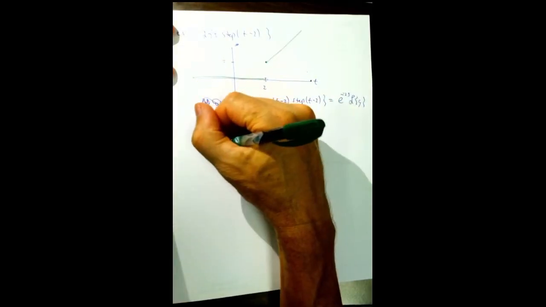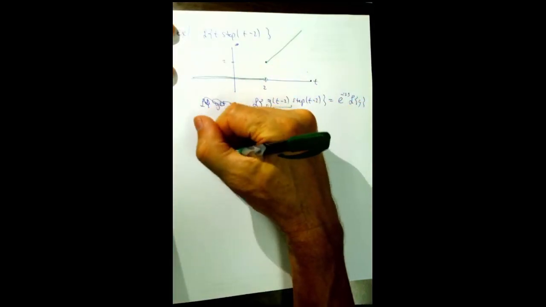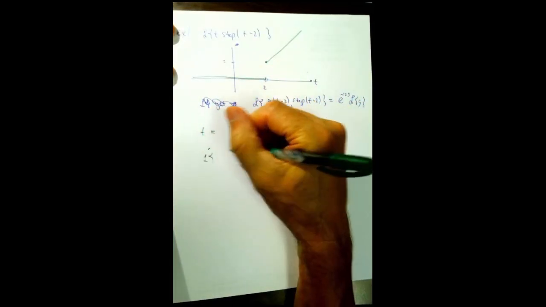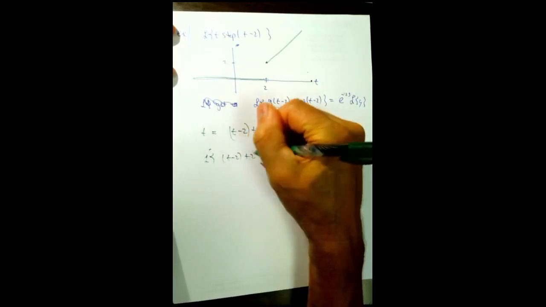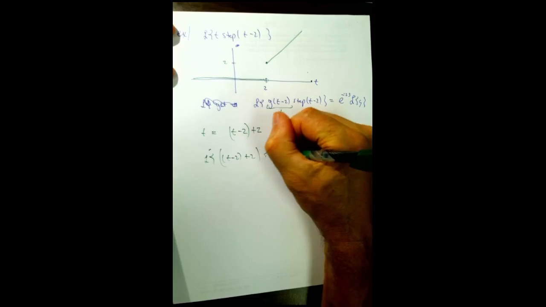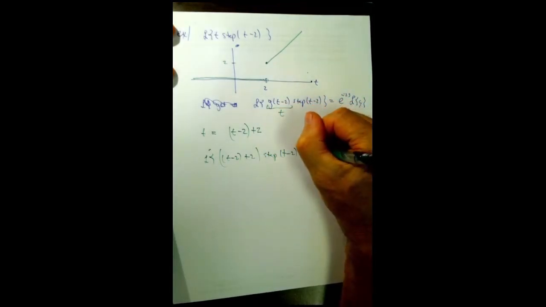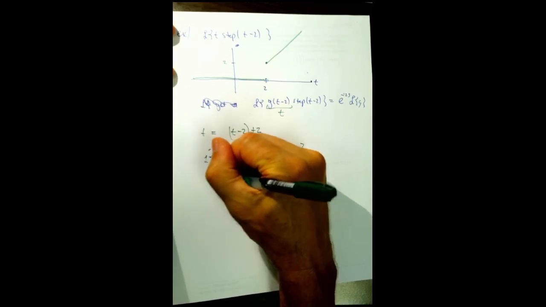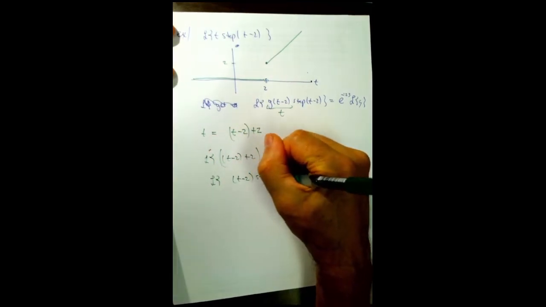And so this means that if I write my Laplace transform, instead of t, if I write it as (t minus 2 plus 2) times the step function evaluated at t minus 2, then I can write this in two pieces.